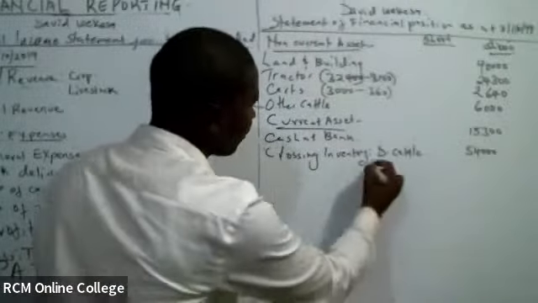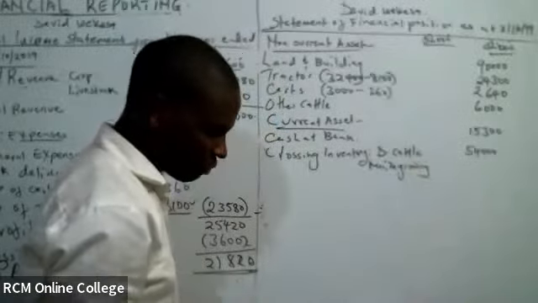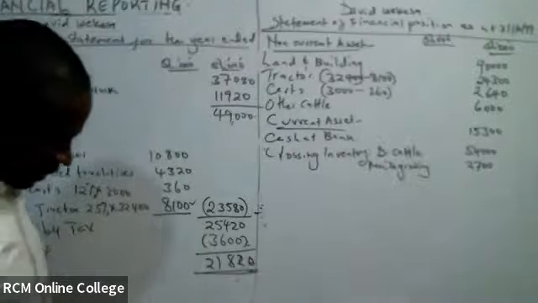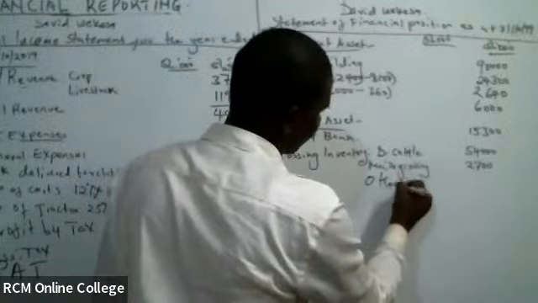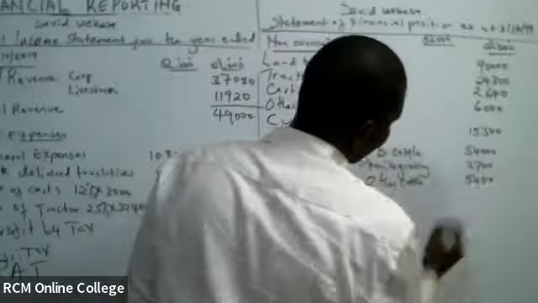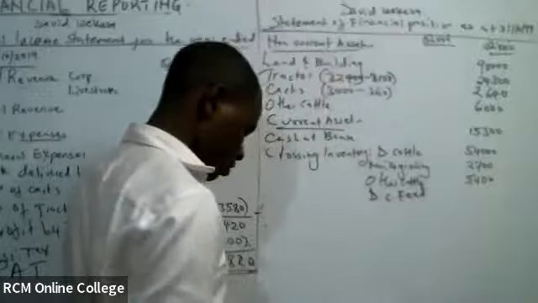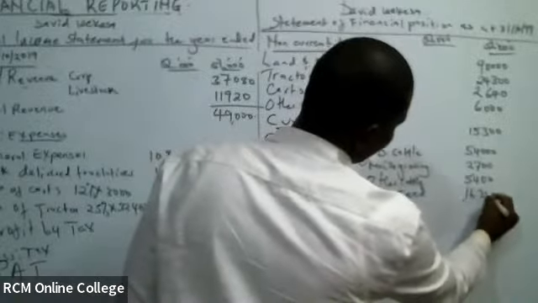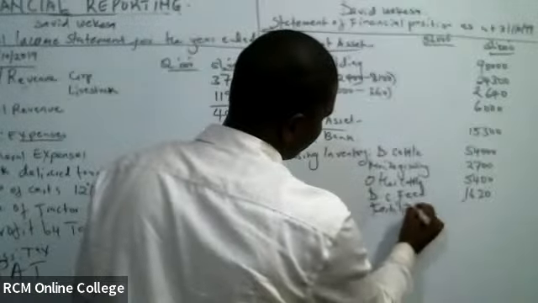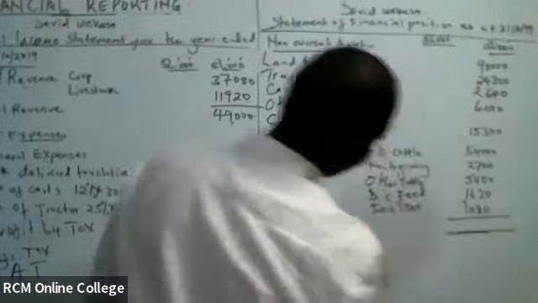Maize growing: 700. Other cattle: 5,400. Then dairy cattle feed: 1,620. What else do we have? Fertilizer: 1,080. We don't have any other, so we can get the total.